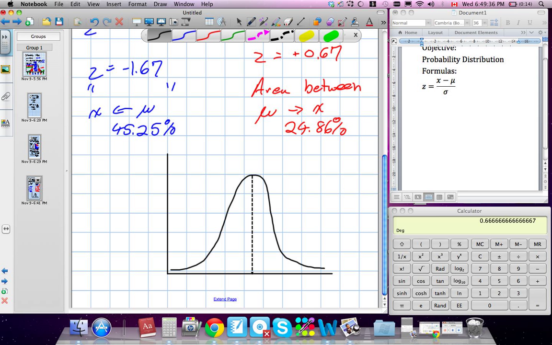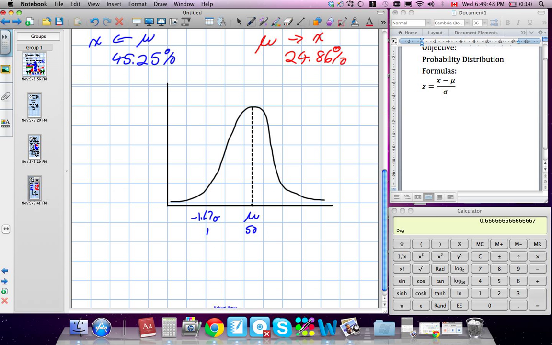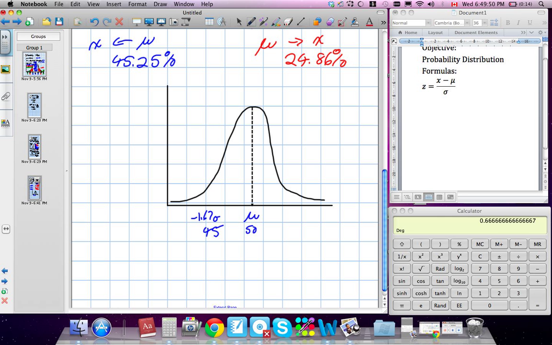And the same idea here, negative 1.67 gave us 45.25. So same information, the area between our mean, and this time it's to the left of the mean, because we have a negative number. So our x number was to the left of the mean. We got 45.25.